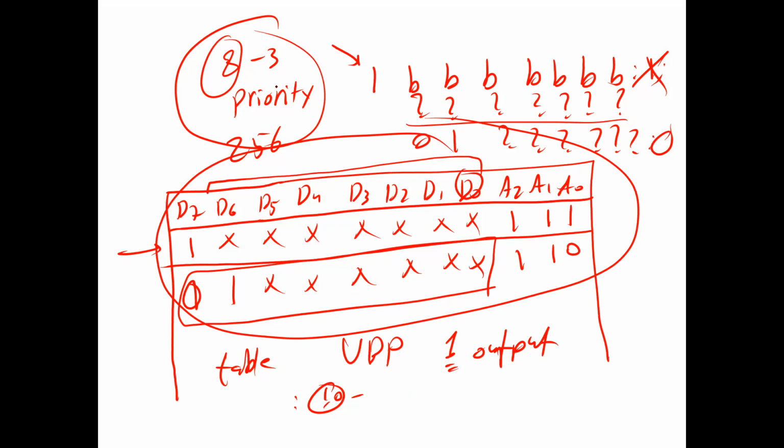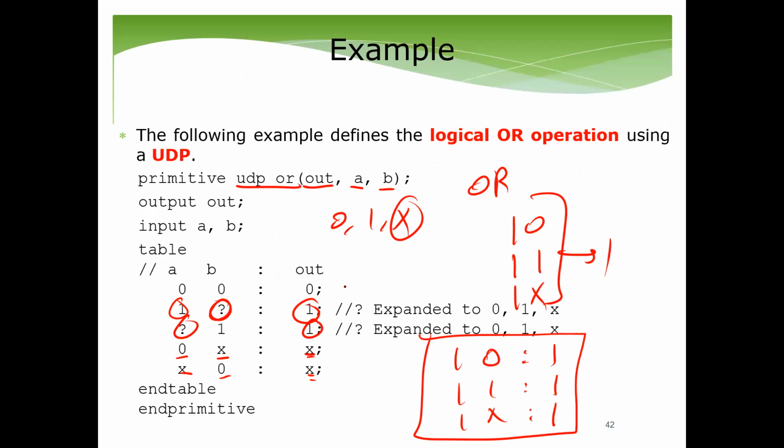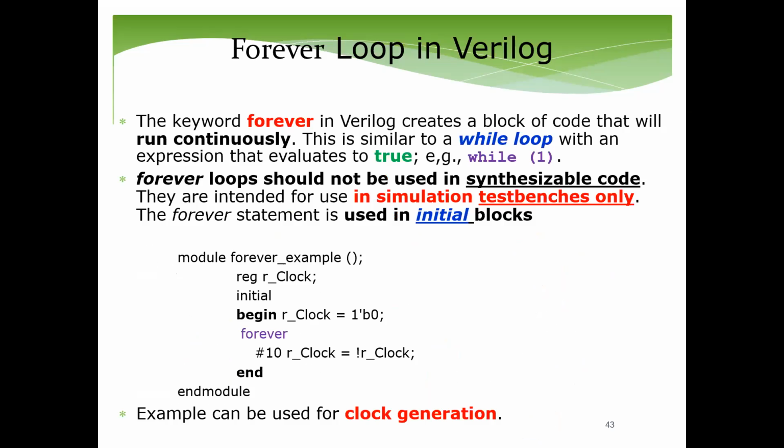So instead of writing 256 lines for the truth table of an 8 to 3 priority encoder, you can actually write it in 8 lines. Only 8 lines to describe your whole priority encoder because we are using a don't care value. Okay. This is for a user defined primitive.